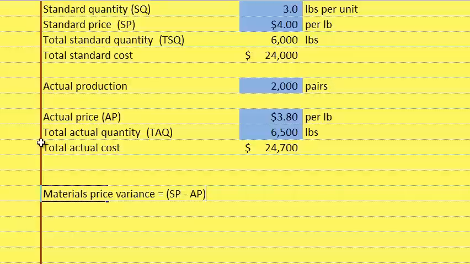And we've already looked at that difference when we compared the $4 per pound to the $3.80 per pound. That's where we saved 20 cents per pound. And let's multiply that 20 cents per pound savings times the total actual quantity. So there's the formula for the materials price variance. Why don't you pause the video and see if you can't compute the materials price variance.